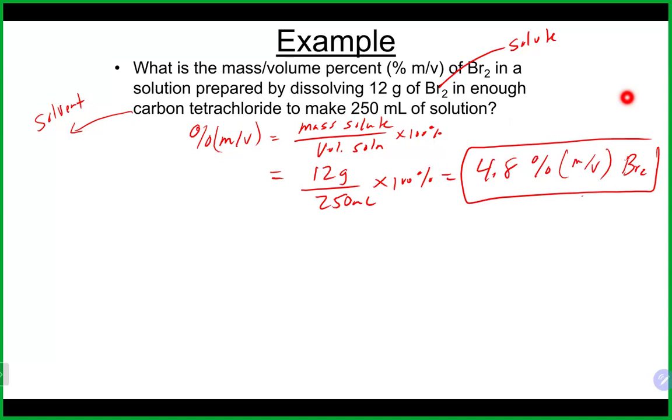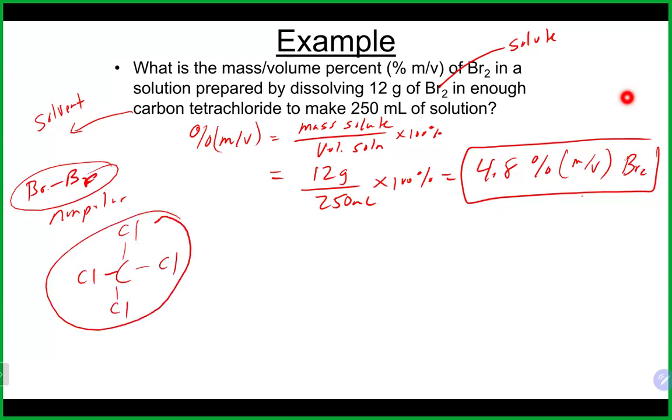Why in this case are they using carbon tetrachloride as a solvent and not water? Yeah, the Br2 is nonpolar, right? Br2, with an R, is nonpolar, which means if we take carbon tetrachloride and quickly sketch it without all the dots on the outside, that is a symmetrical geometry, which means it is also nonpolar.